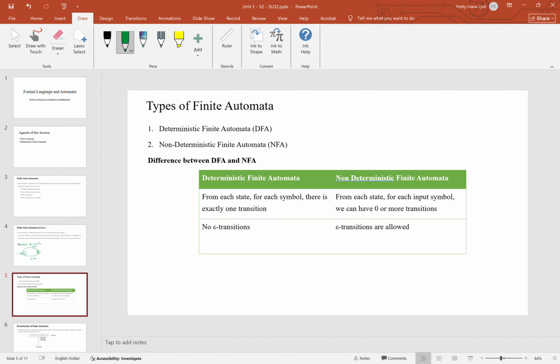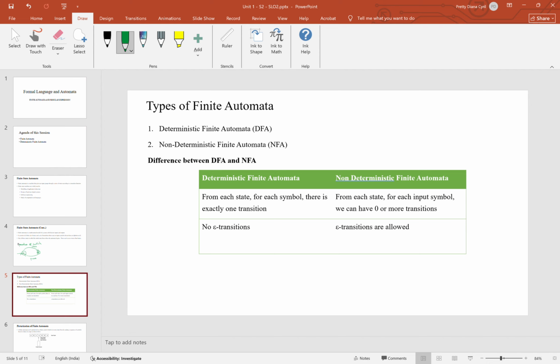Next, there are two types of finite automata. One is the deterministic finite automata and another one is the non-deterministic finite automata. In a deterministic finite automata, for each state and for each symbol, there is exactly one transition.